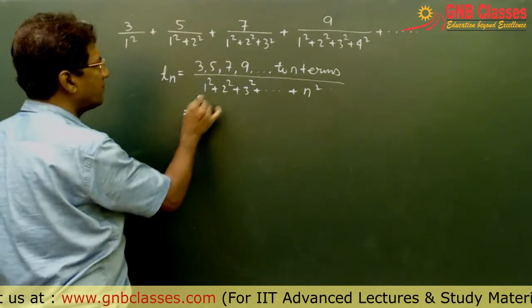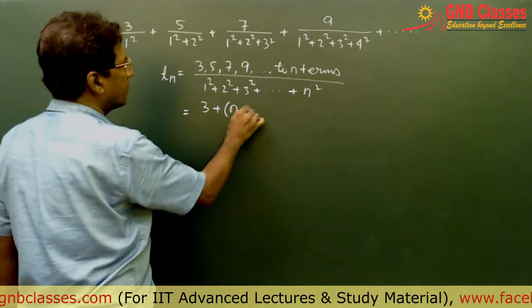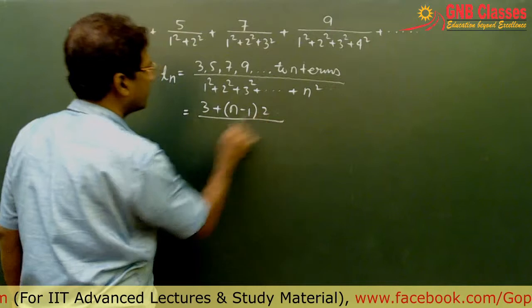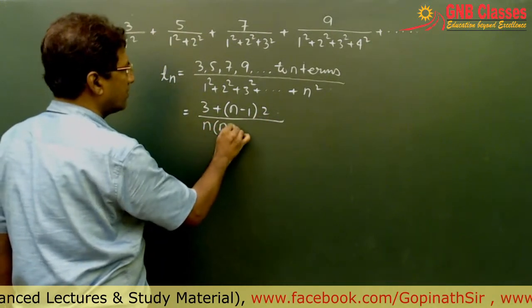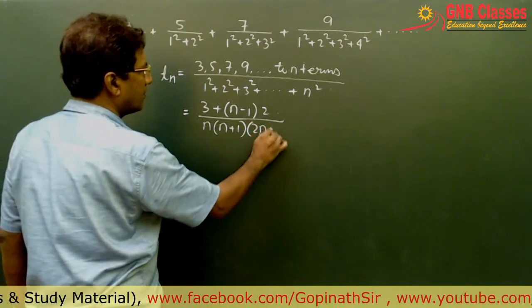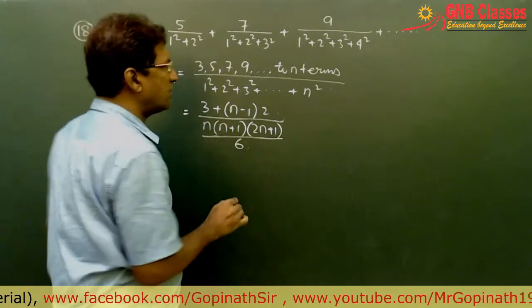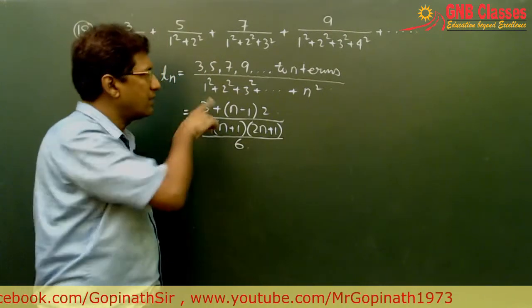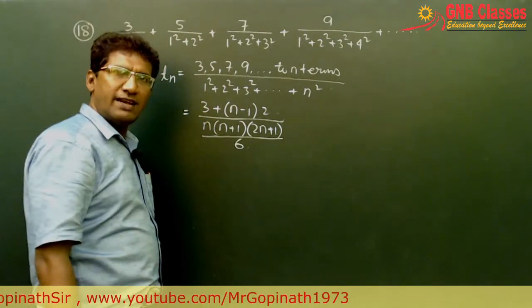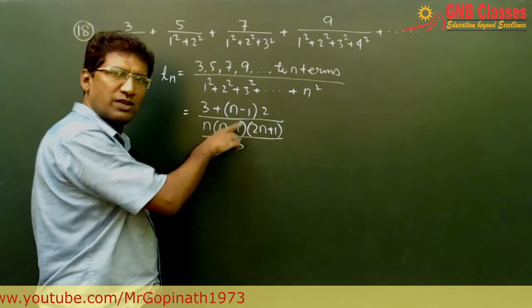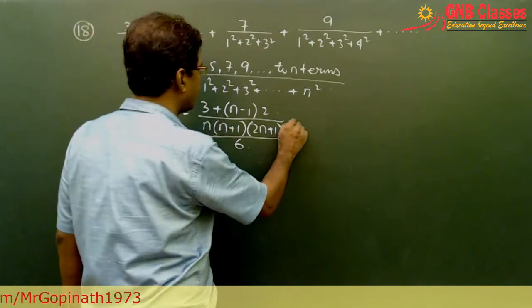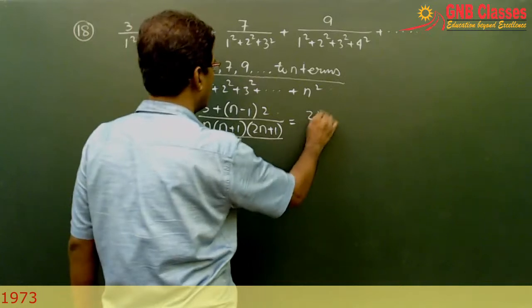So what we are going to get? Can you remember the formula for the sum of the squares of the first n natural numbers? It's n into n plus 1 into 2n plus 1 divided by 6. So what we are going to get here?